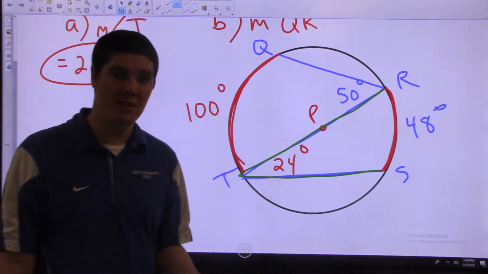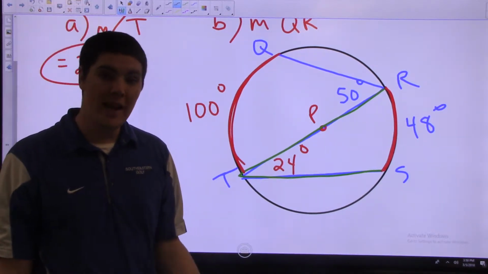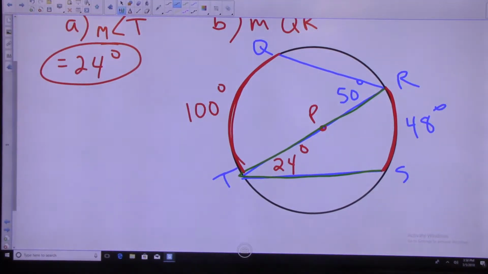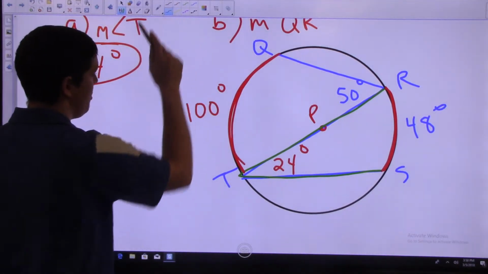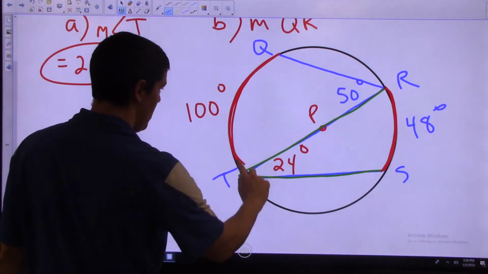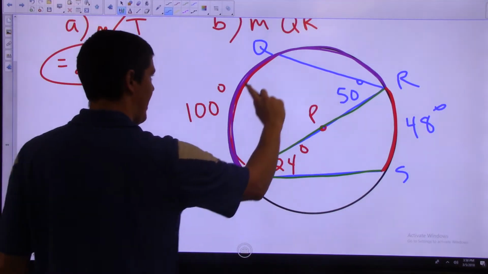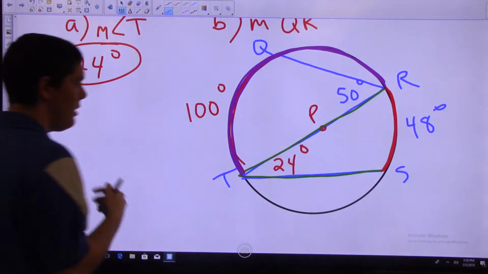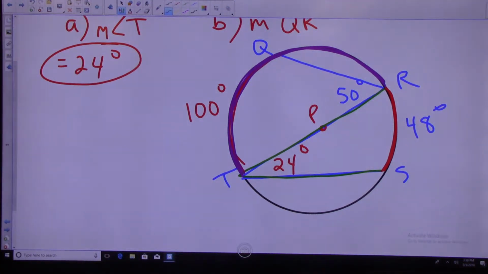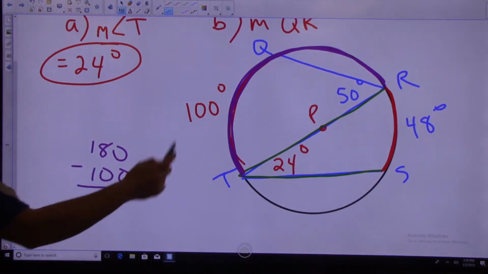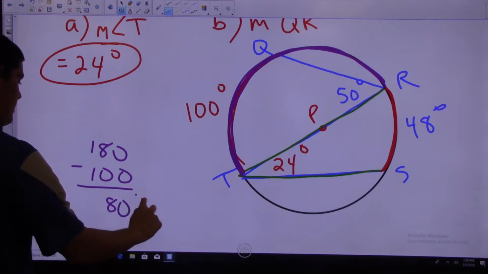If there's 360 in a circle, there's 180 degrees in a semicircle. If we know this is a semicircle from there to there, and we've already got 100 degrees of it, all we've got to do is take 180 minus 100, and that'll give us the measure of that arc. So that should be 80 degrees.